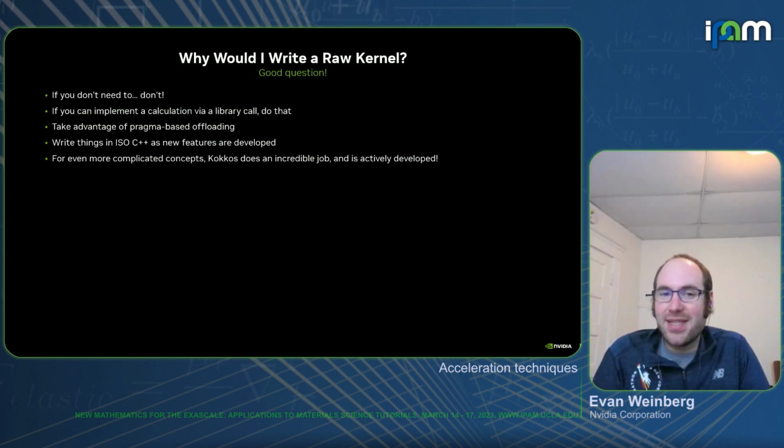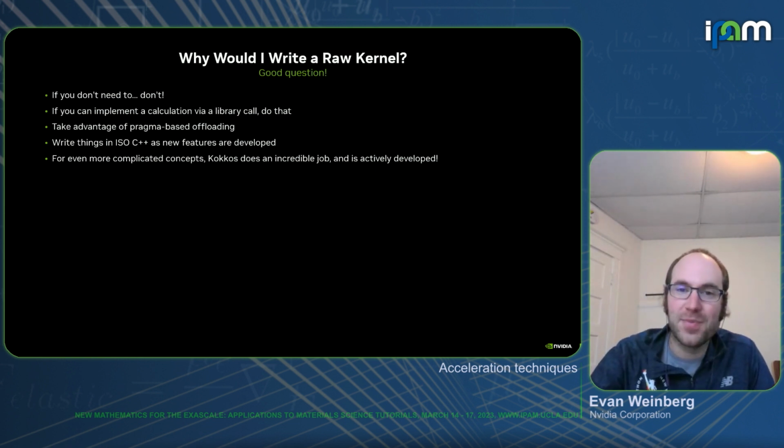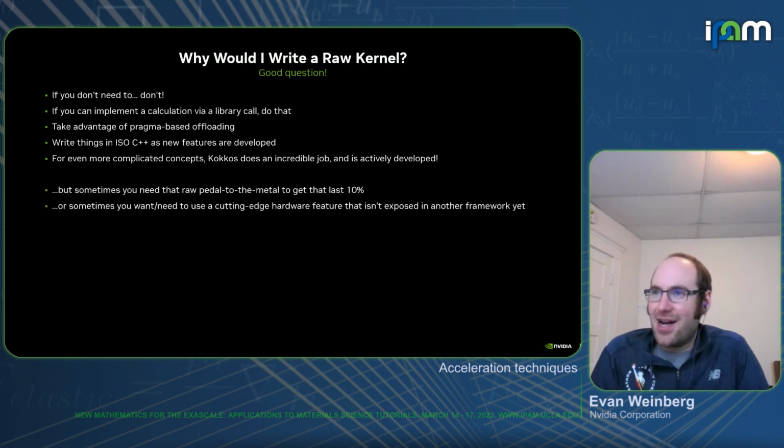I do make a joke about taking my NVIDIA hat off, but we also endorse it too, because it is a great piece of software, or a great programming model. Sometimes you are going to need that raw pedal to the metal to get that last 1, 5, 10% of performance. Aiden pointed out some discrepancies between some of the different streaming vector operations across different backends.